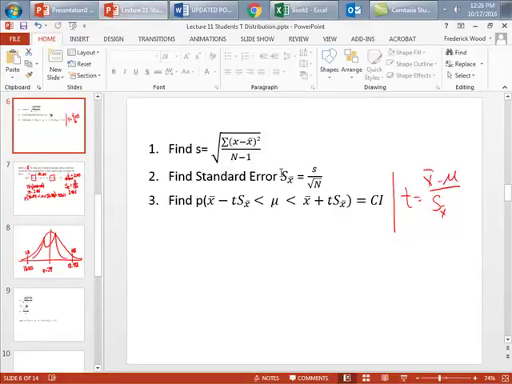Well, I have to find the standard error of my sample. So I'm going to take my S and divide that by the square root of n.